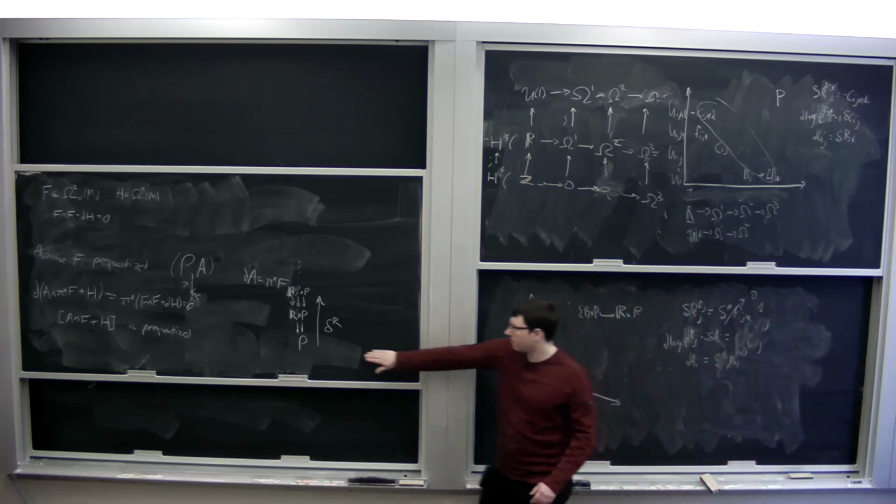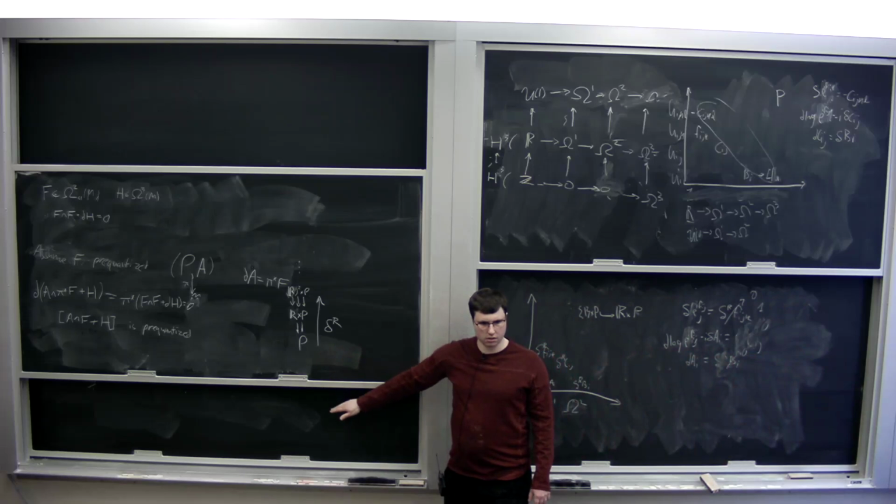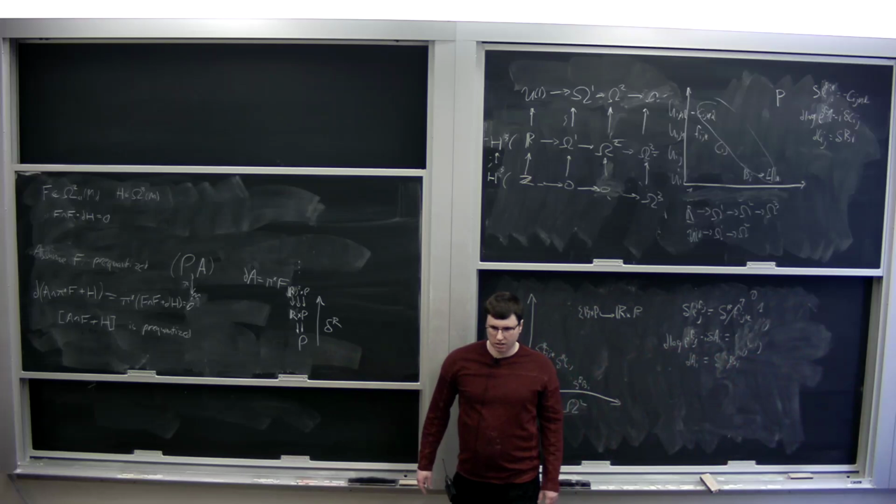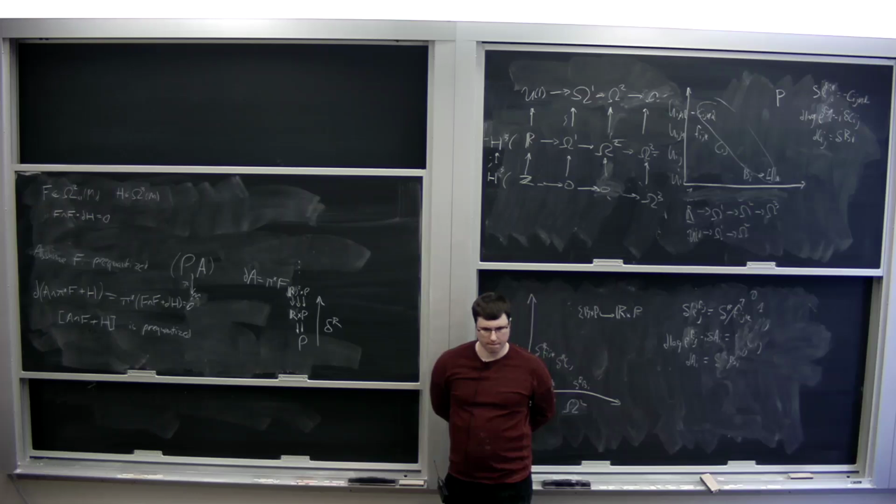But if the stack comes from this complex, isn't the stack in question the original manifold modulo the trivial action of Z? Is that what's happening? Because you have a principal bundle over M, and you're extending the U1 action to an R action. So modding that by R, I would imagine that would be the same thing as taking the original thing and modding by Z. No, I think this action groupoid is a stack.